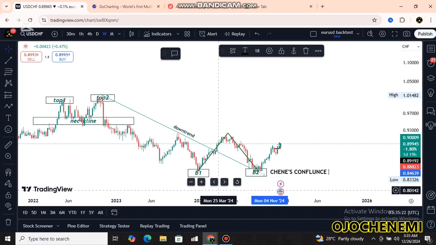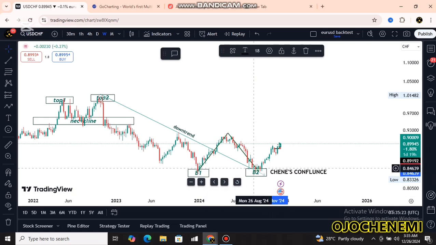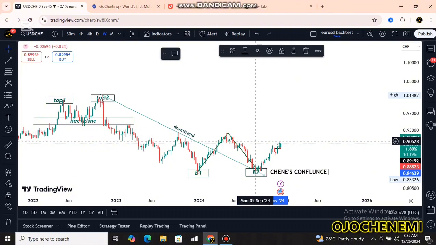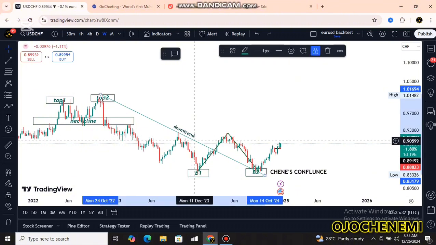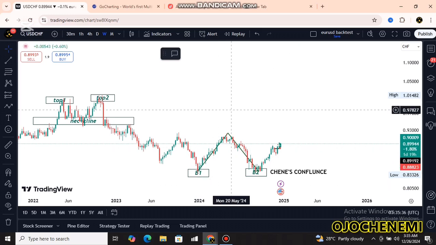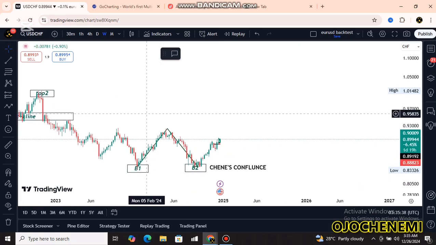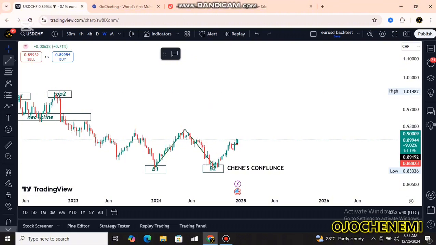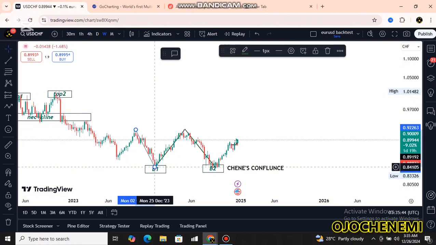Shennes confluence. In case you don't know Shennes confluence, let me write it for you. Shennes confluence is when I see this kind of place. Shenemi is my name, and this is a confluence I've discovered.